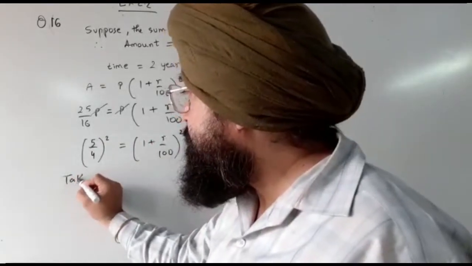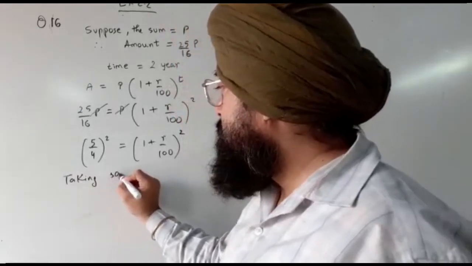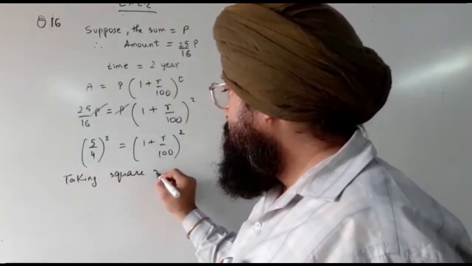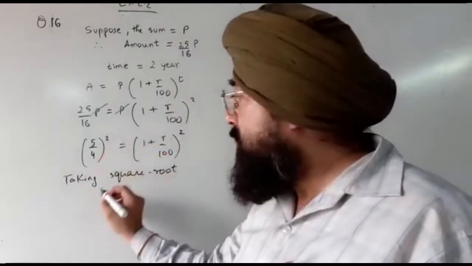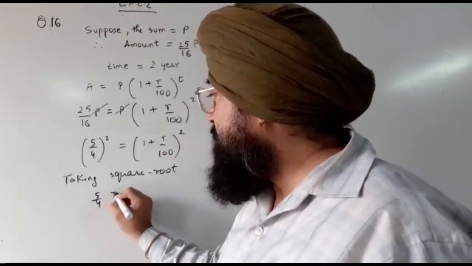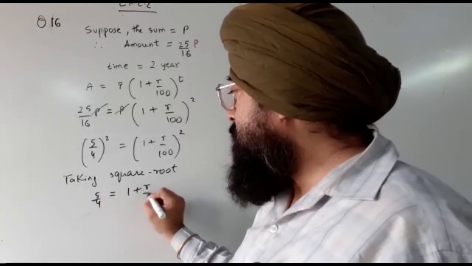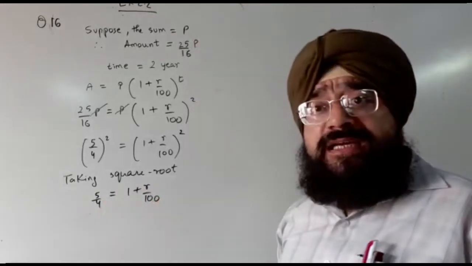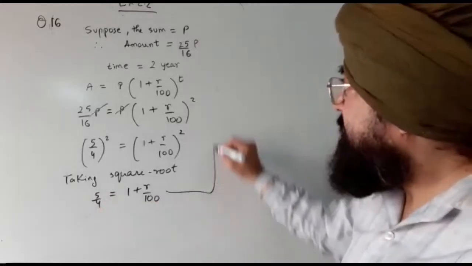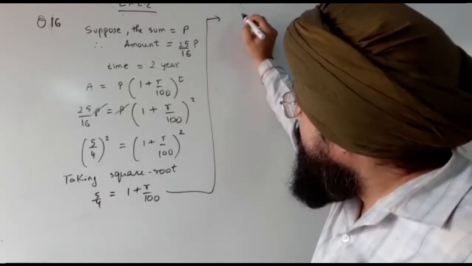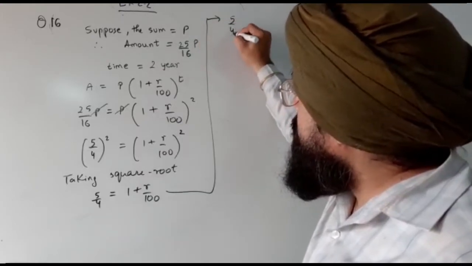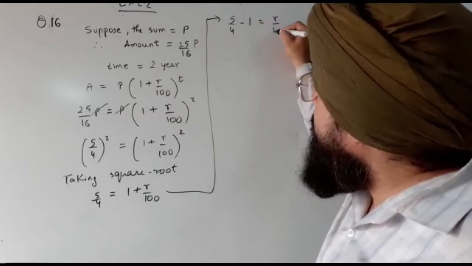So taking square root on both the sides, what do we get? This square and square thing gets over. So 5 upon 4 is equal to 1 plus r upon 100. And now it's a cakewalk from here for you. That is, you can bring this 1 on the other side. So 5 upon 4 minus 1 becomes r upon 100.